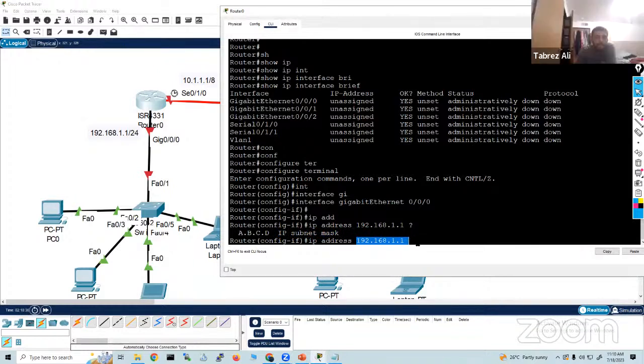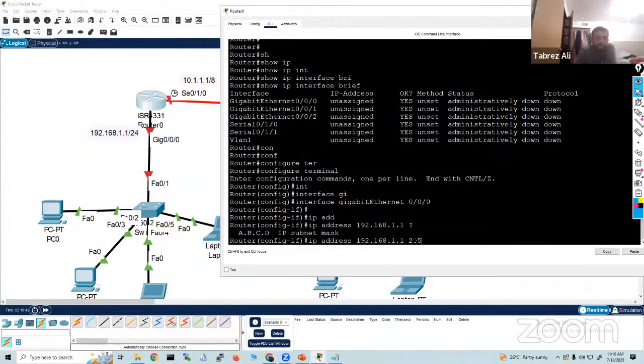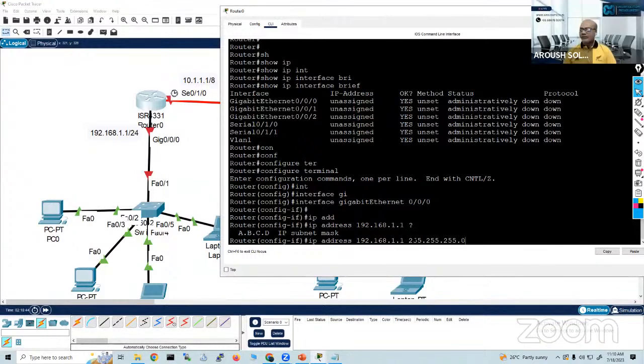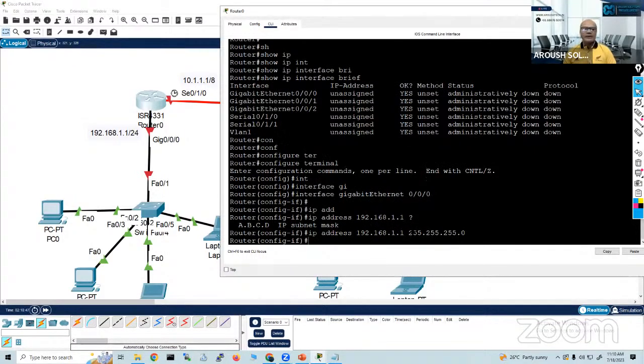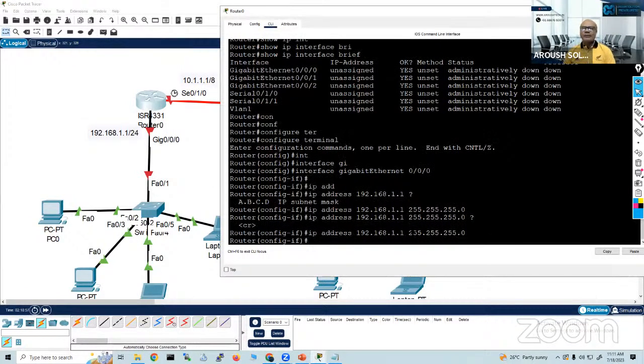So what should be my default subnet mask for this? 255.255.255.0. Right? Press enter. That's it. If you give the question mark, we can see the command is over. Now, remember that by default, on all Cisco devices, all interfaces will be in the down state.